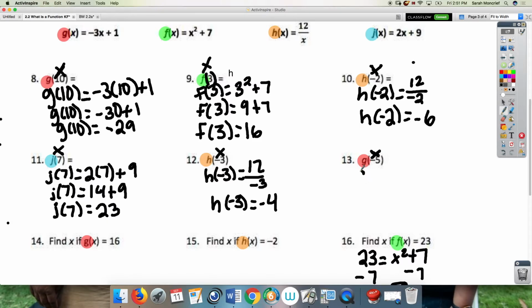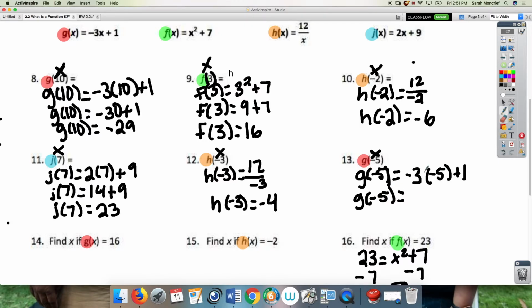So we have g of negative 5 is equal to negative 3 times negative 5 plus 1, because we don't change this.